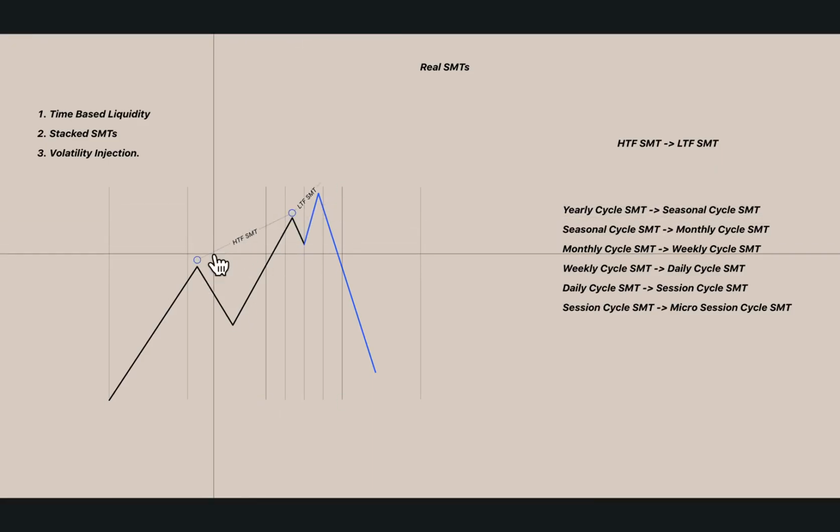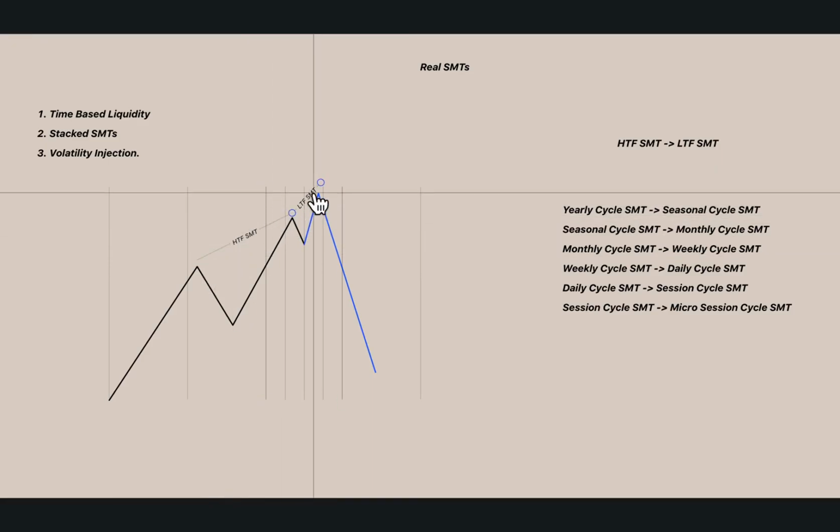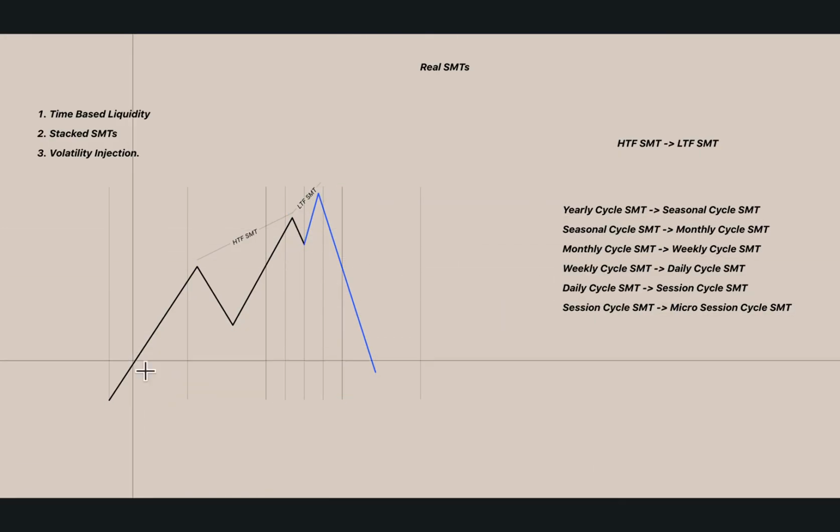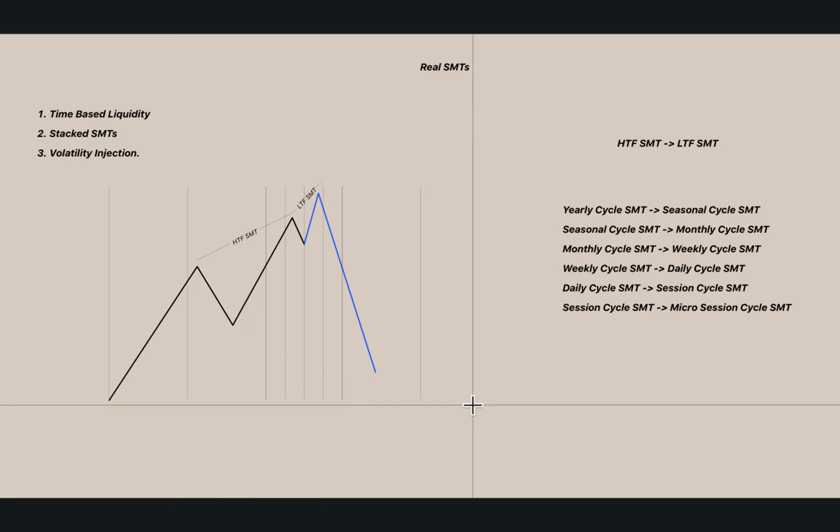And once you have a higher time frame SMT to a lower time frame SMT, that's going to be your high probability SMT. If you had a seasonal cycle SMT, which are the big quarters once again, then you would refer to the monthly cycle SMT, which is the small quarters. If you were to have the monthly cycle SMTs as your higher time frame, which are once again the big quarters, then you would be referring to the weekly cycle SMT as the lower time frame SMT.